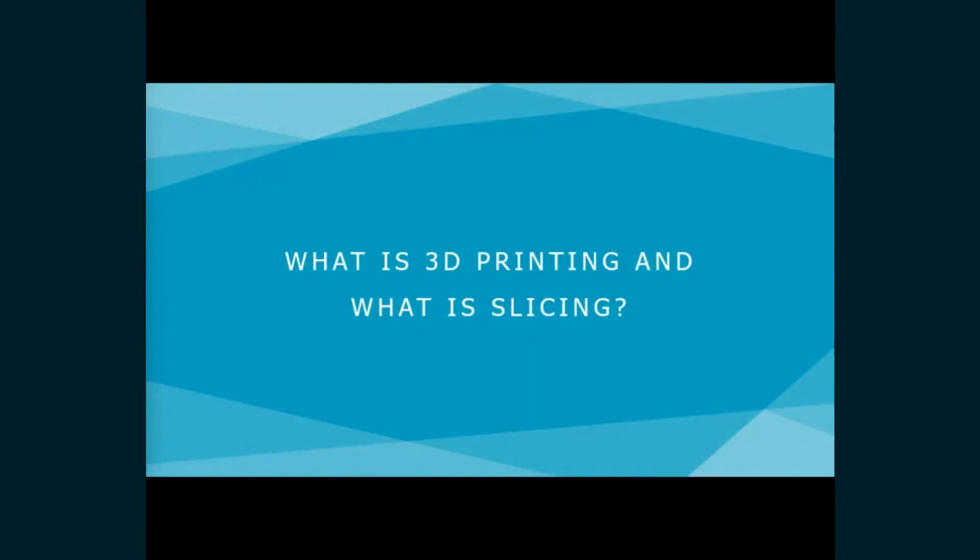Here we have the most commonly asked question of all. What is 3D printing? What is slicing? 3D printing is also known as additive manufacturing due to the process of layering it involves. 3D printing can be defined as turning a three-dimensional object from its digital form into its physical form. 3D printing enables you to produce complex shapes using less material than traditional manufacturing methods.